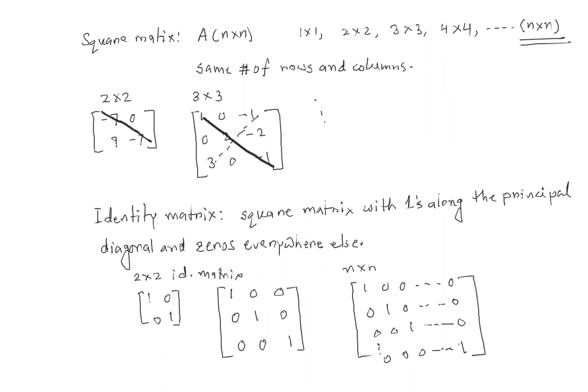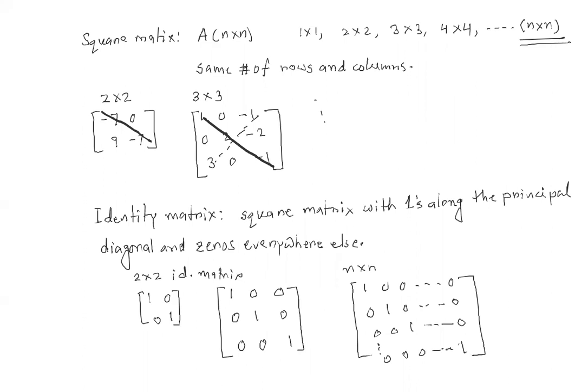So we talked about two special types of matrices. One is a square matrix and another is an identity matrix. A square matrix is a matrix with the same number of rows and columns.